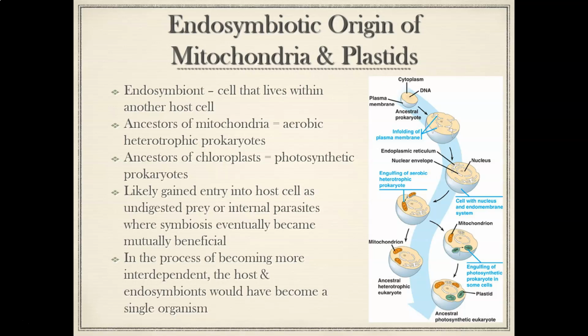That this eventually became a strong enough dependence on each other that we now are talking what we know as eukaryotic cells today, and we can't separate out those mitochondria and chloroplasts and allow them to live independently outside that cell. And the reverse would also be true, that that main cell depends on those as well. And so we now talk about them as a single organism.